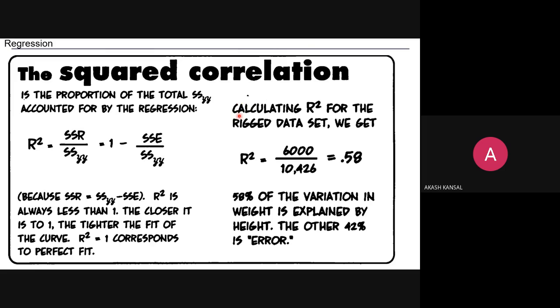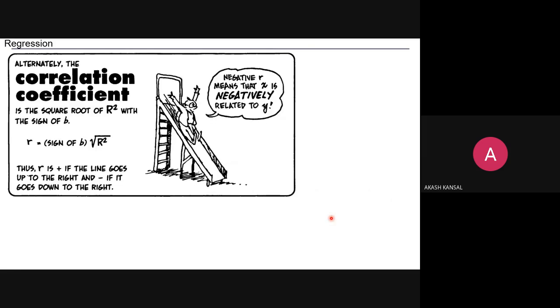For the data set that we had, R squared is 0.58. This means that 58% of the variation in weights is explained by height, because we were regressing weight on height. The other 42% is error.